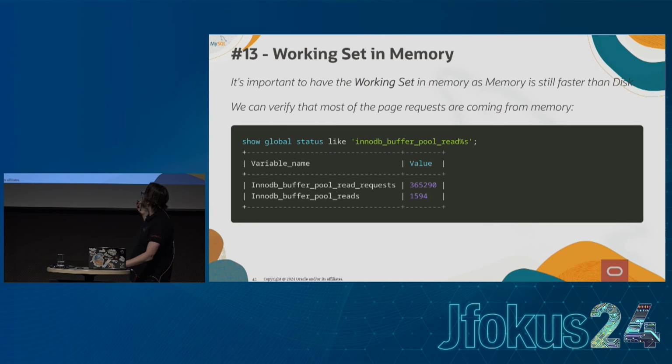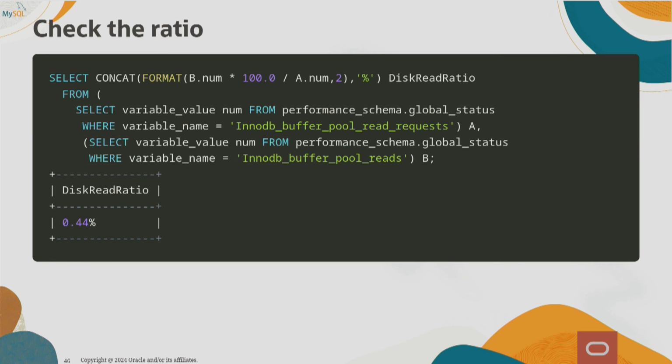The full working set should also be in memory, meaning that all the data you work with most of the time should be in memory to make it fast. Memory is always faster than disk, even if disks are faster and faster now. You can compare and make a ratio to see how much data is read from the database memory, the buffer pool, or read from the disk's pages.